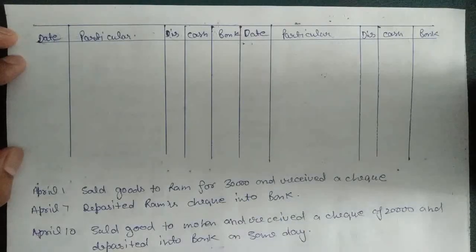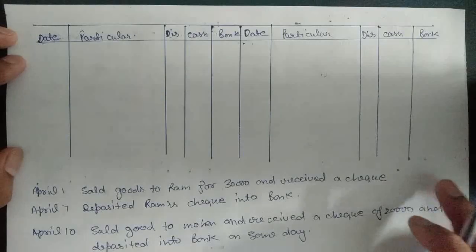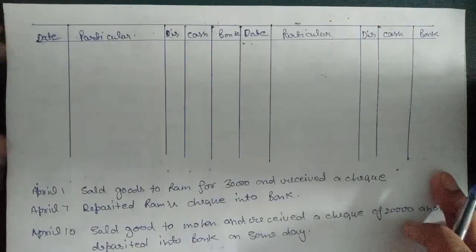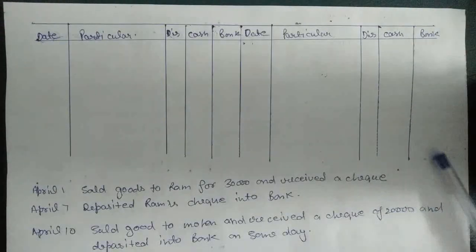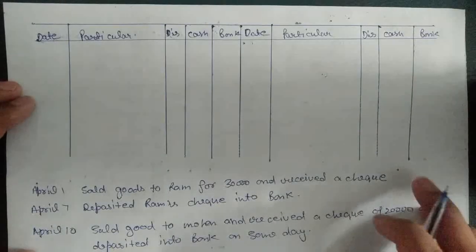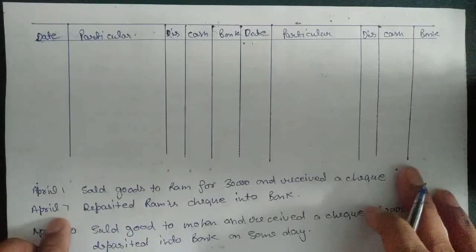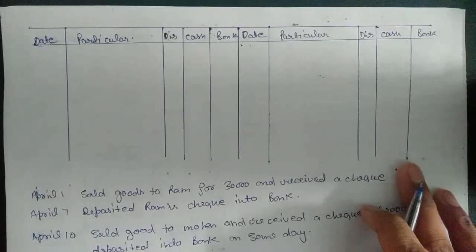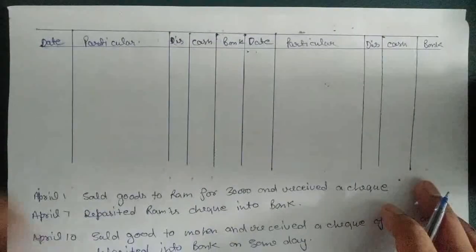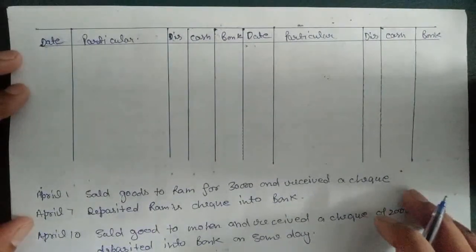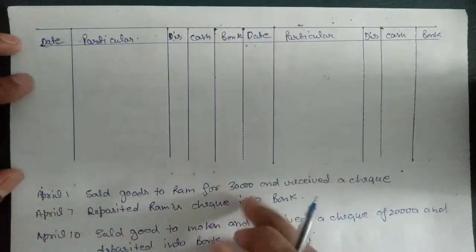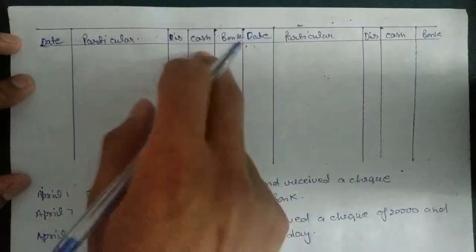So we are receiving that check on 1st April, but depositing it into the bank on 7th April. On which date do we need to put the entries into our books? On 1st April, we need to receive that check into our cash column.